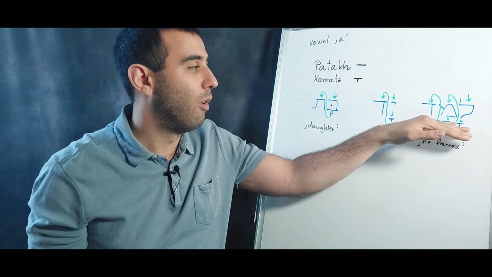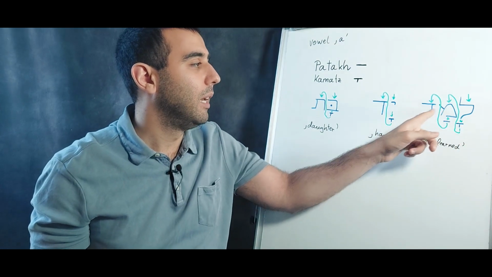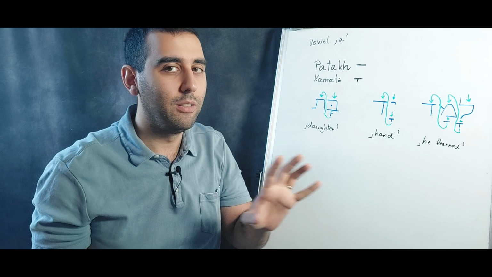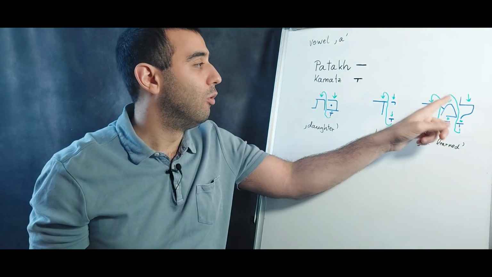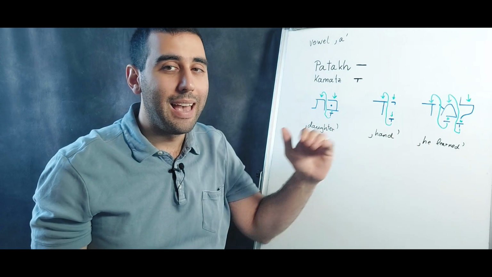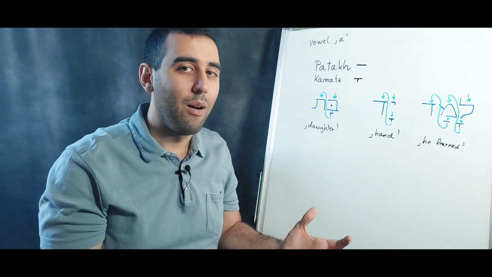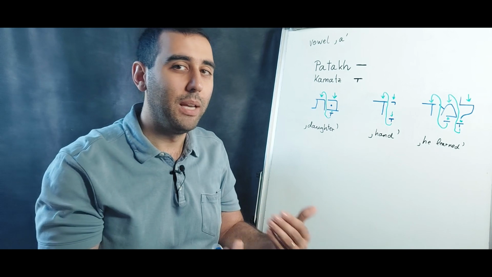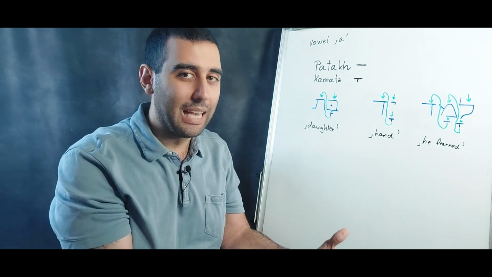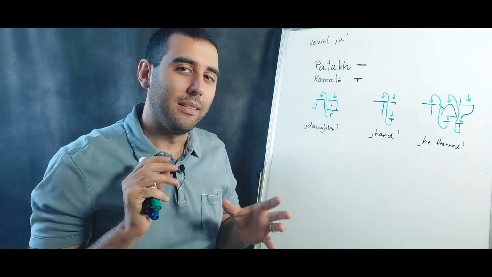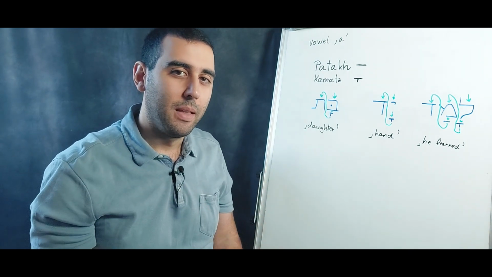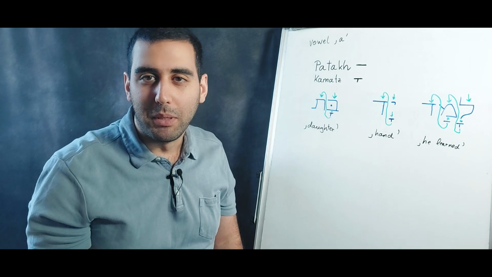But if you change the vocals, for example, if you put Lomed, we didn't learn that yet. You don't have to know what I say now. But just keep it in mind, if you change the vocals to Lomed, then it's actually happening right now. For example, if you say Ani Lomed, I'm learning. Okay? So the time changes. I just wanted to mention that besides.